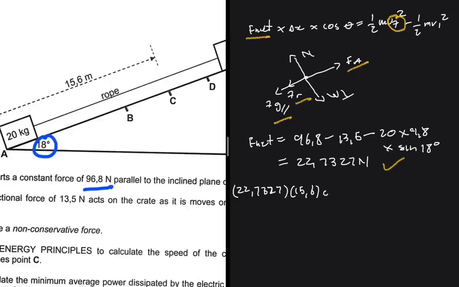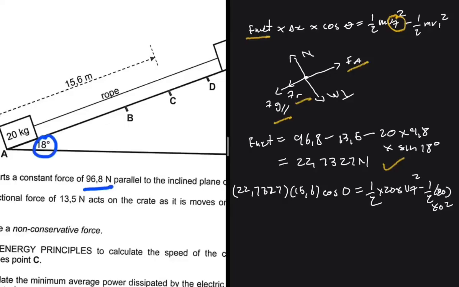So we have cos of 0, equals a half, the mass is 20 kgs multiplied by VF squared, minus a half 20 times velocity initial squared. Our object is coming from rest, so multiply by 0 squared.